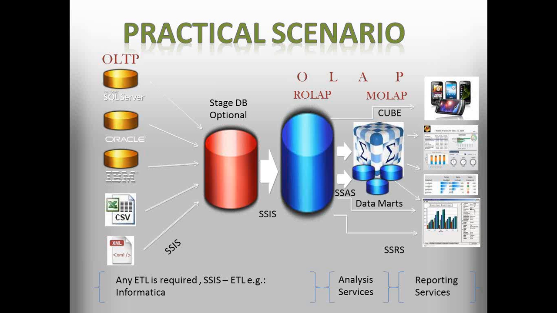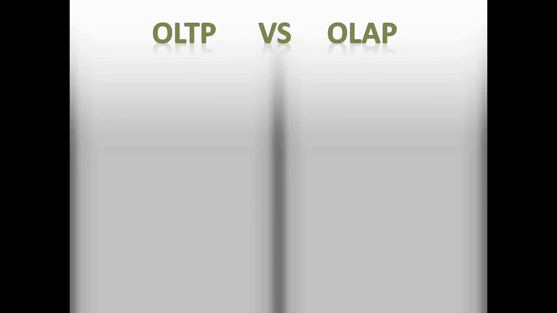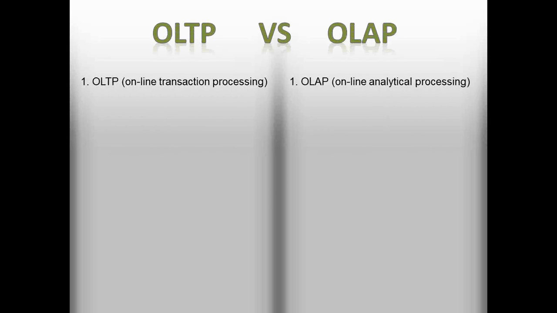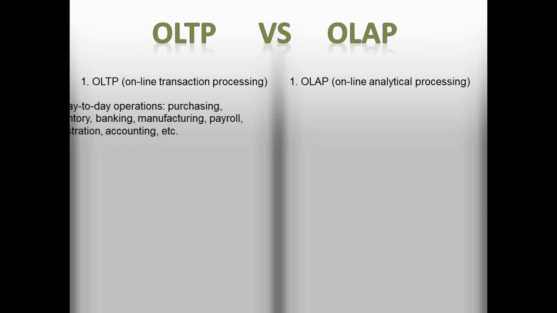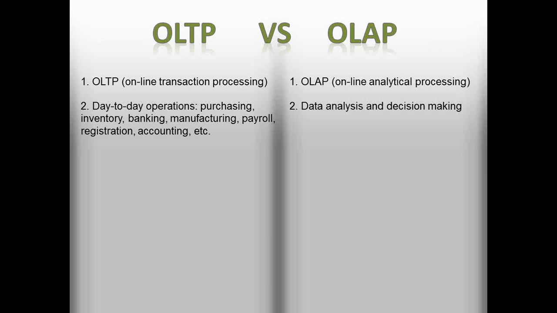Moving on to the next slide. Let us understand the basic differences between OLTP and OLAP system. OLTP, online transaction processing, online analytical processing. And this OLTP is used for day-to-day business purpose, purchasing, inventory, banking, manufacturing, payroll, registration, accounting, etc. Whereas OLAP is for data analysis and decision-making process for historical analysis.